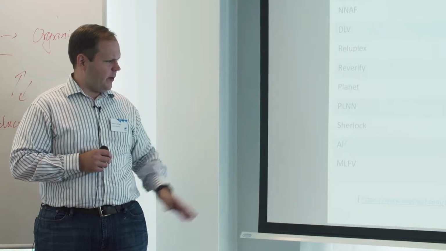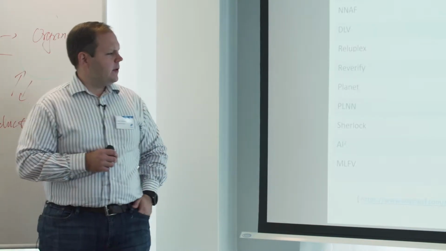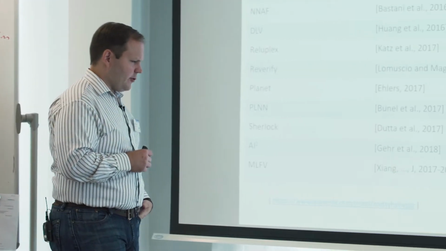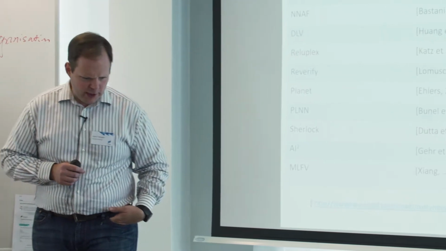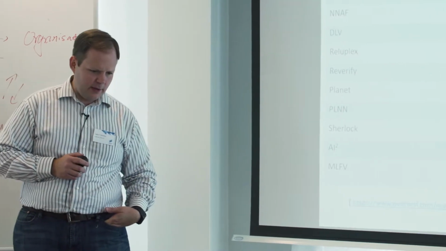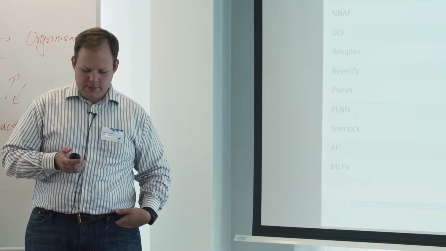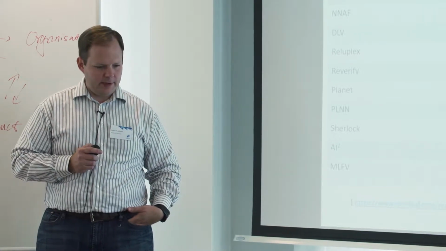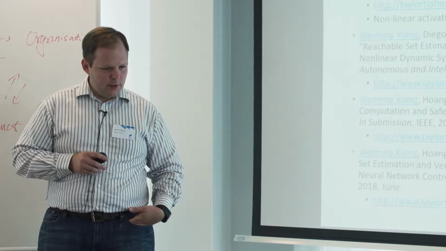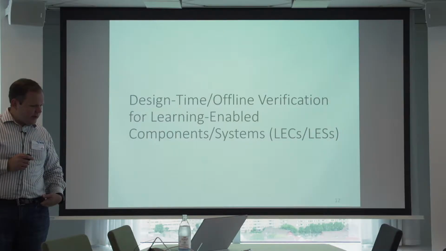Then we have our maximal sensitivity approach, which I'll talk some about. As far as I'm aware, this is the only approach that currently exists for analyzing activation functions beyond ReLUs. So this can work for other nonlinear activation functions. All right, so papers on this we'll skip over.